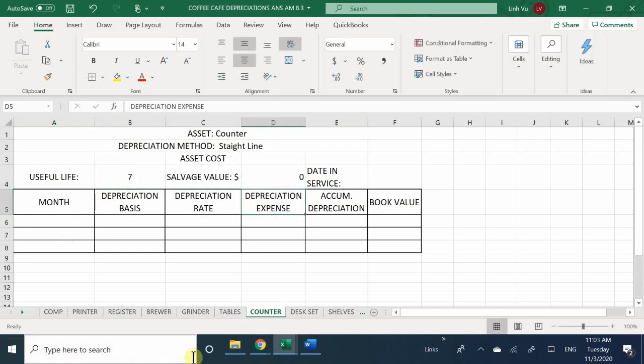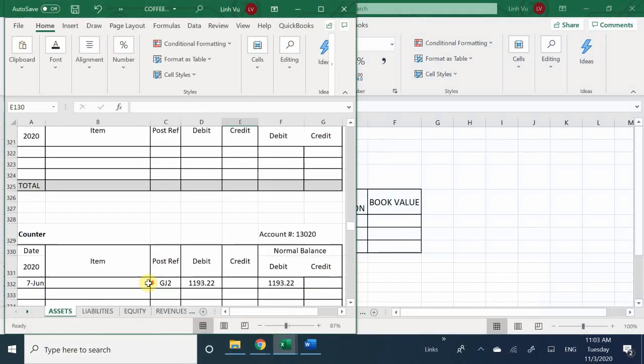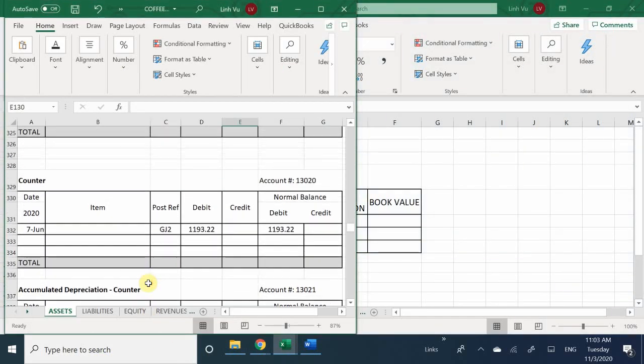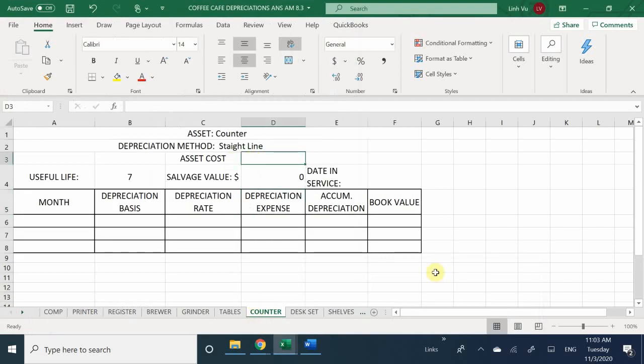So when did I buy my counter, and for how much? Okay, 1193.22. So my asset cost is 1193.22, and I placed it in service on June 7.